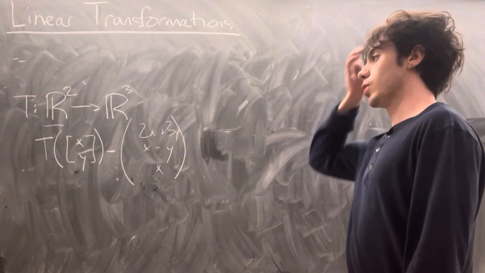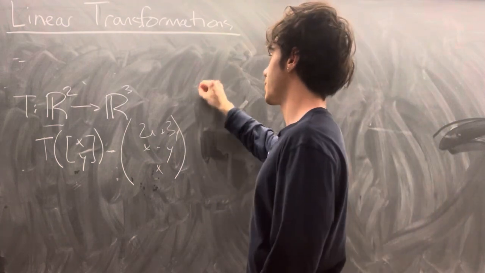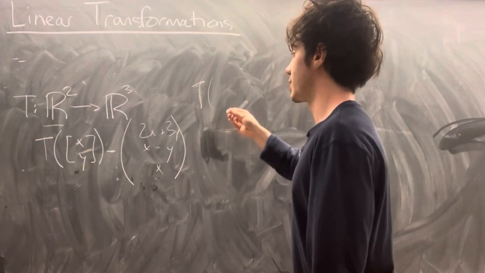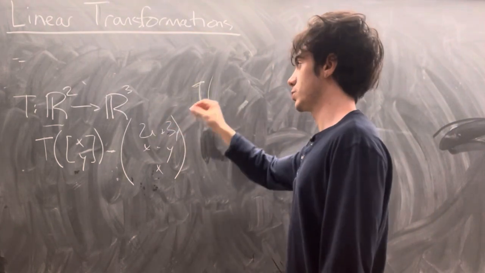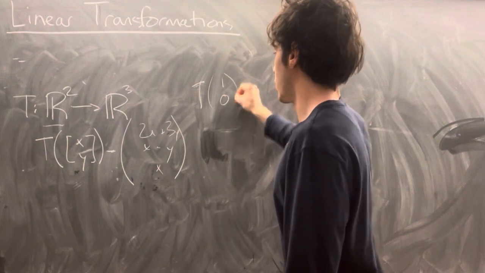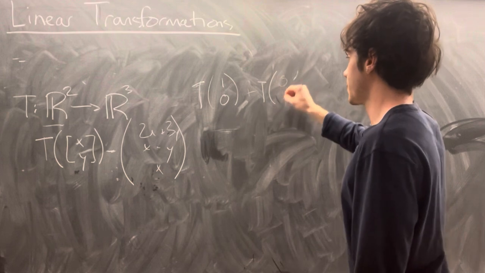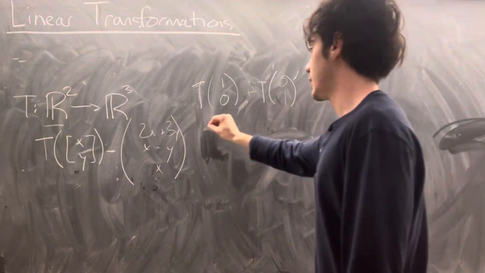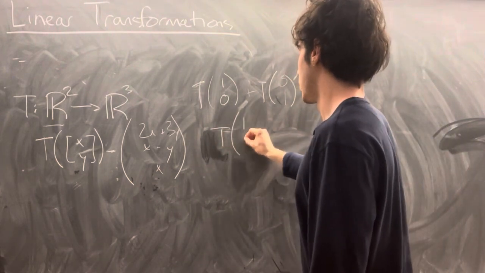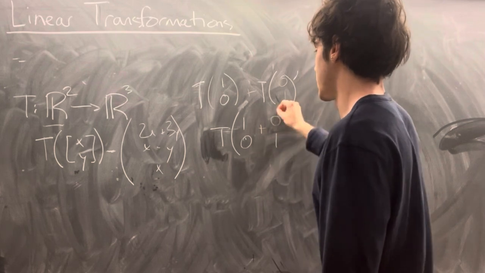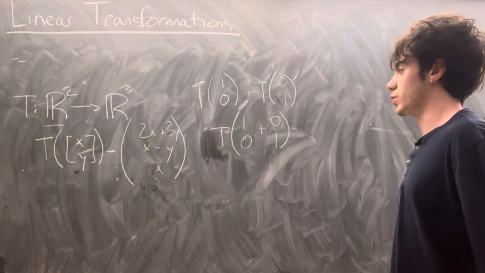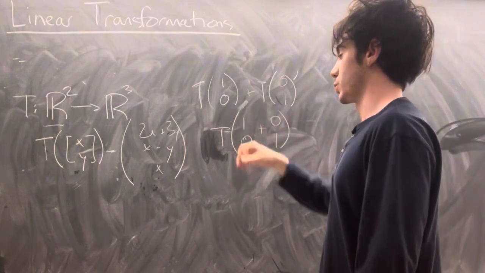Because if you think about the linear transformation applied to the standard basis vectors for R2, T of (1, 0) and T of (0, 1), this is going to be the same as T of (1, 0) plus (0, 1), and this would apply with scalar multiples as well.